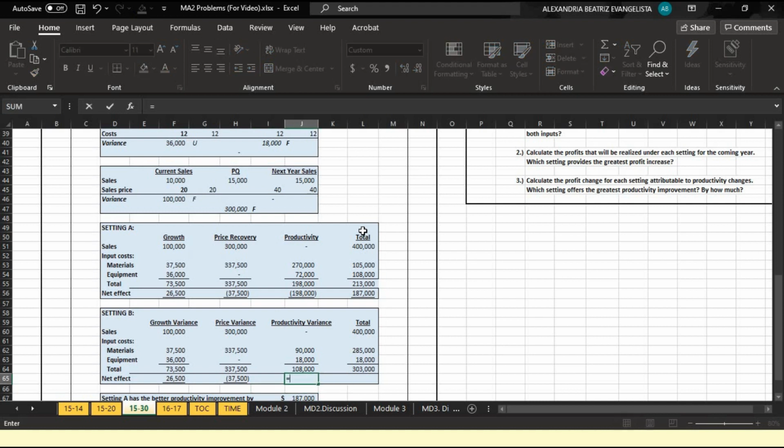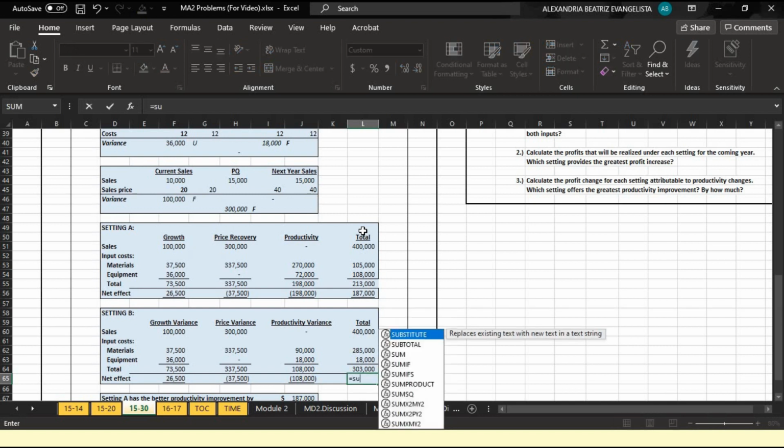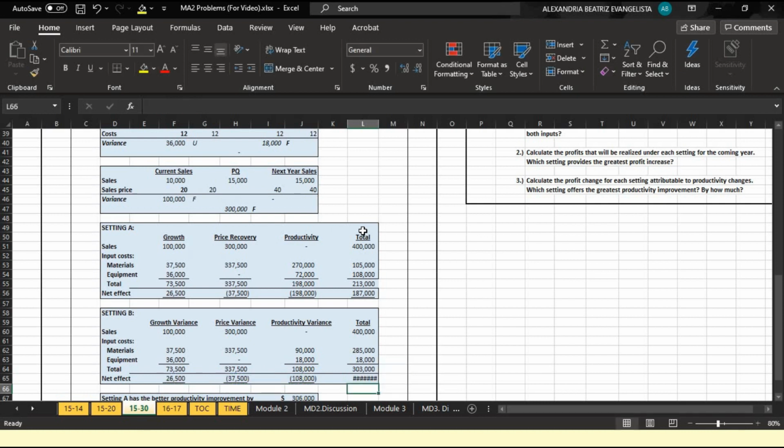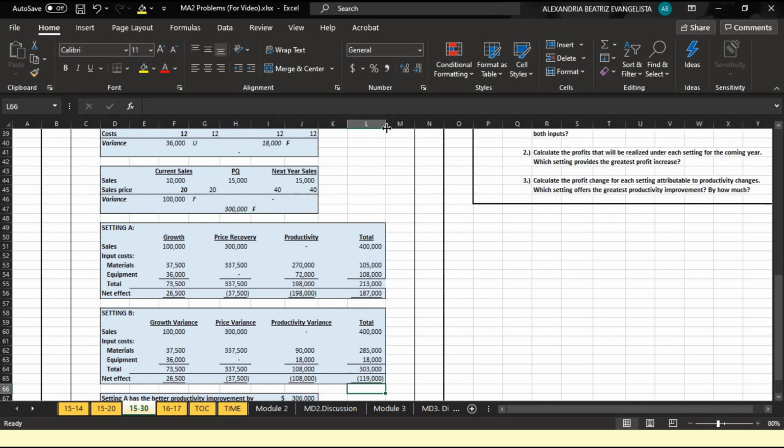And under the productivity variance, that is 0 less 108, that is negative 108,000, and that would give us a total of 97,000 net effect rather.